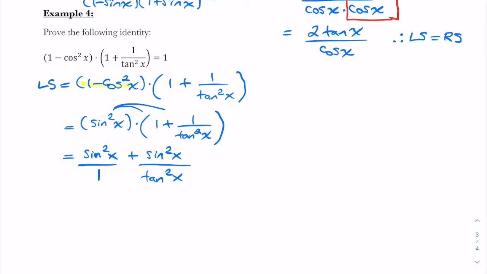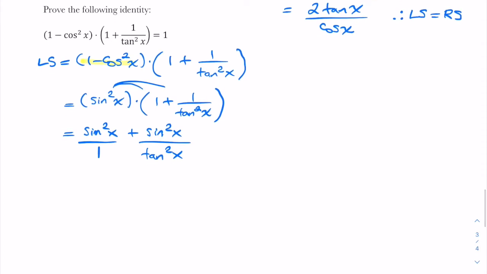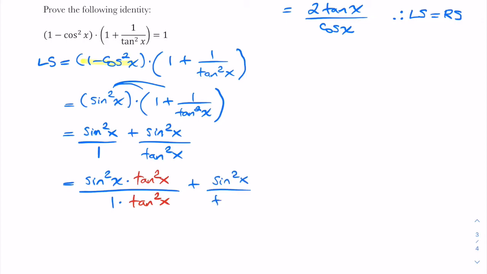So the only way to do this is to literally add the fractions. And when you literally add the fractions, you need a common denominator. So I'm going to multiply the first fraction by tan squared x over tan squared x. Okay, and we're still adding the other fraction, which is sine squared x over tan squared x.